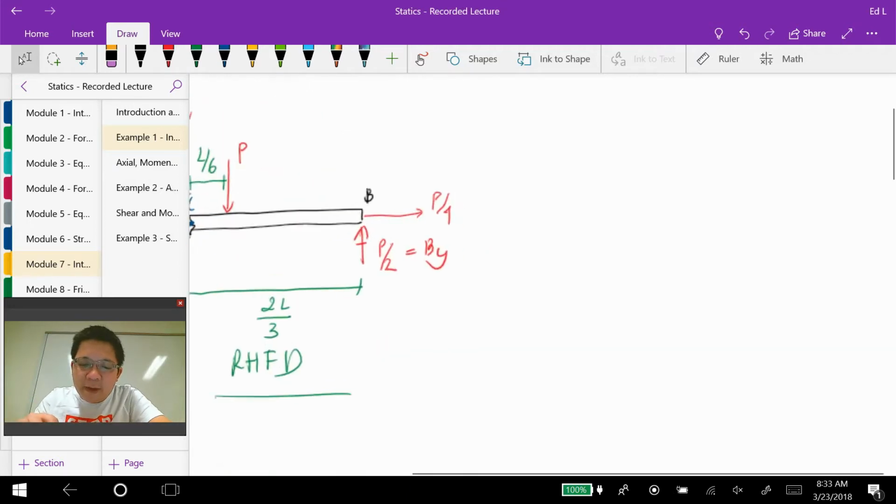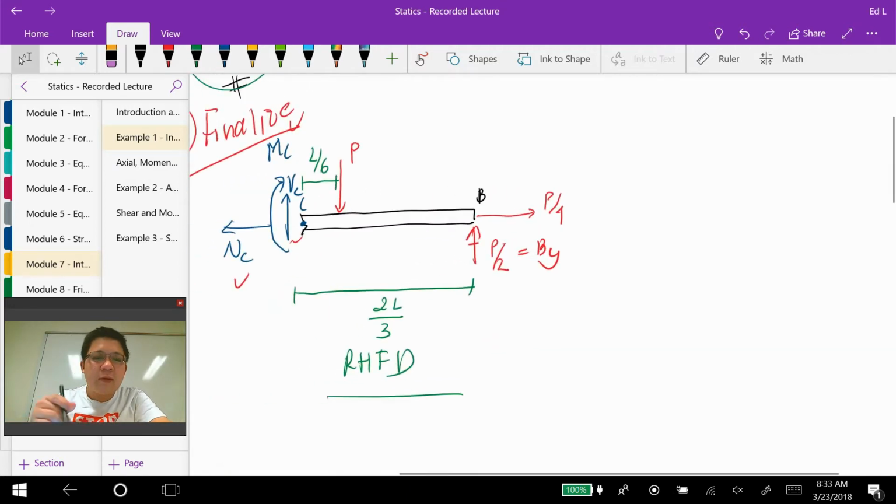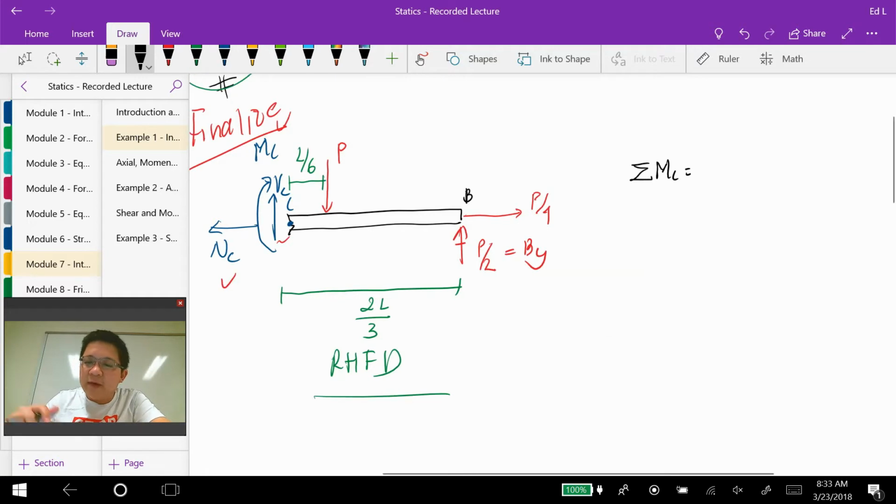On the right hand free body diagram, we can start by writing the sum of the moment at C. When I write the sum of moment at C, I have negative MC, negative because MC is going clockwise.